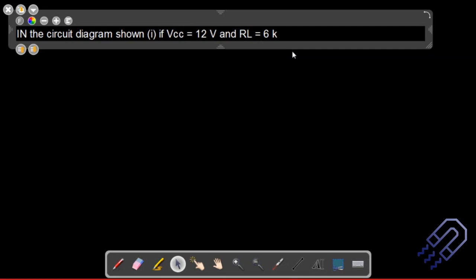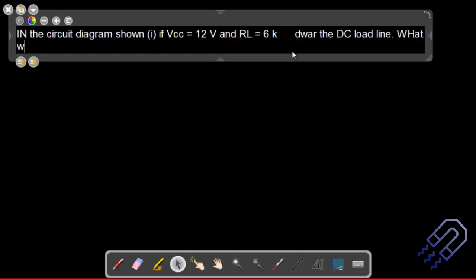Whenever you do it, you can always do it in a way you like. You better draw the circuit diagram and everything else. Draw the DC load line. Use a similar procedure to it. It's very simple. Another part: what will be the Q point? I'll take this question to explain certain concepts.